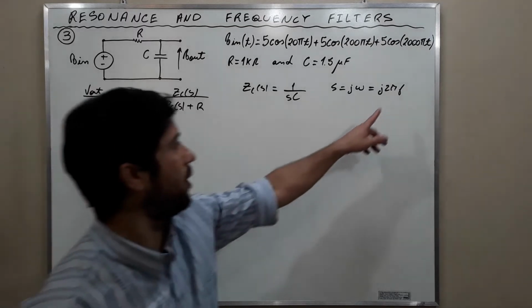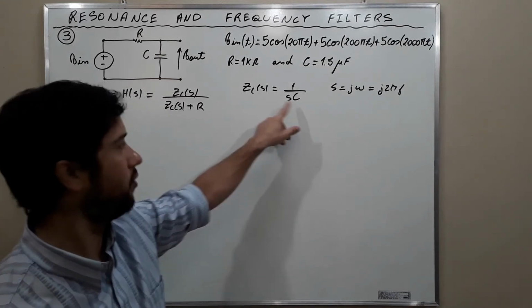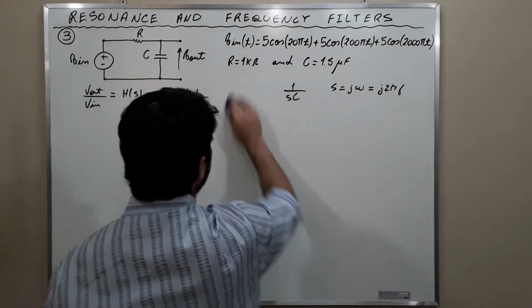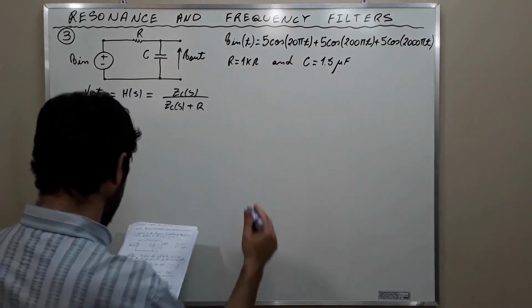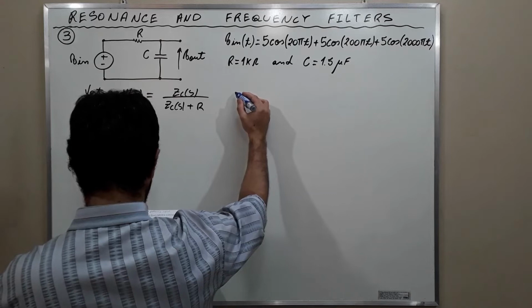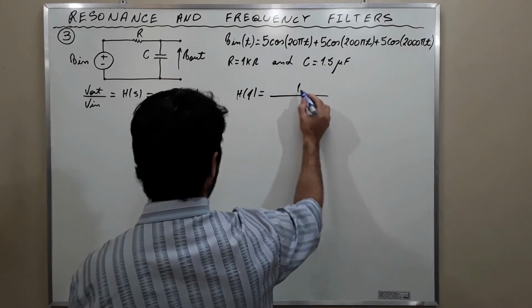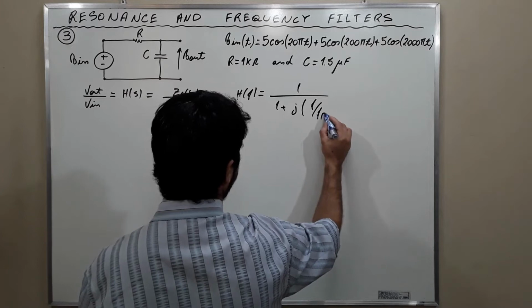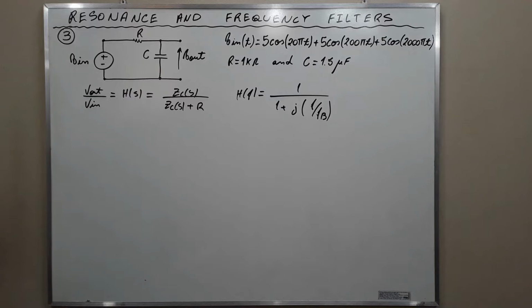And if we apply this here and this here, we find the transfer function as a function of frequency, my friends. The transfer function as a function of frequency is going to be H of f equal to 1 over 1 plus j f over fb, where fb is the corner frequency or the half power frequency.